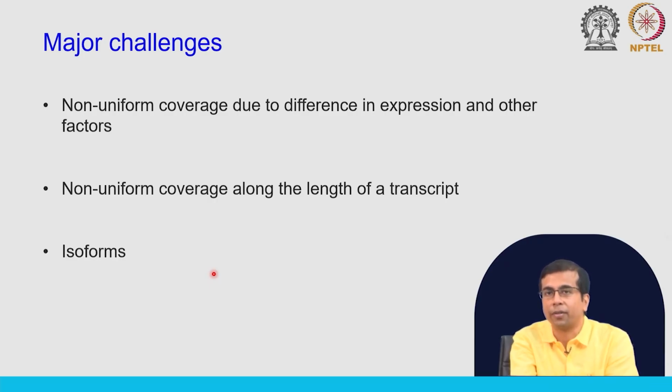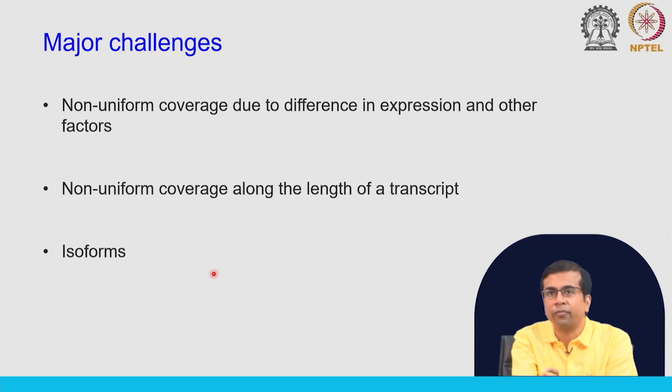So, isoforms are present for a transcript, and this could be true for many genes depending on the organism that you are working with. What you have to do is identify which isoforms are being expressed. This is a challenge given short read data, because you will get very few reads that map across splice junctions.